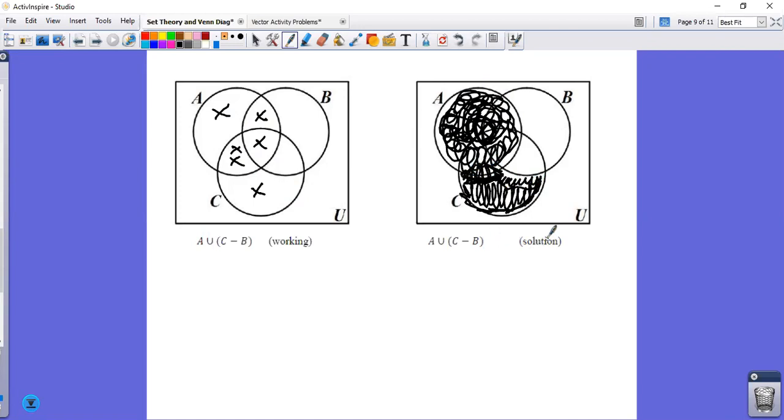So that's it. Just because the parentheses takes a piece out doesn't mean it can't come back in from the other statement.